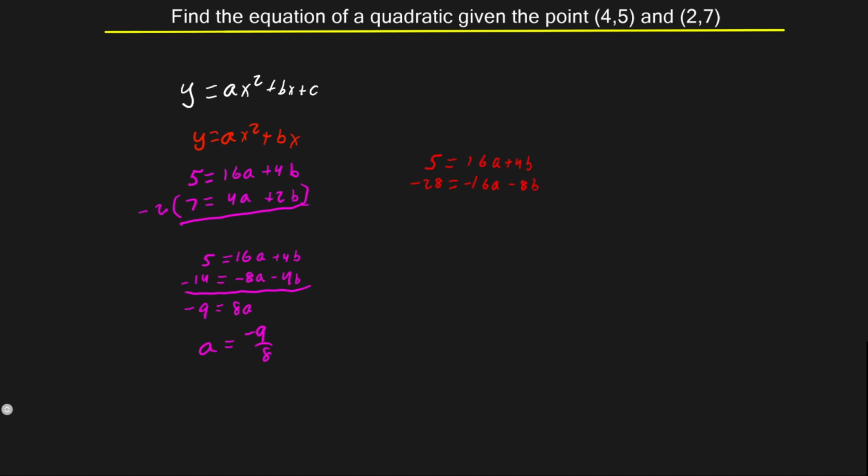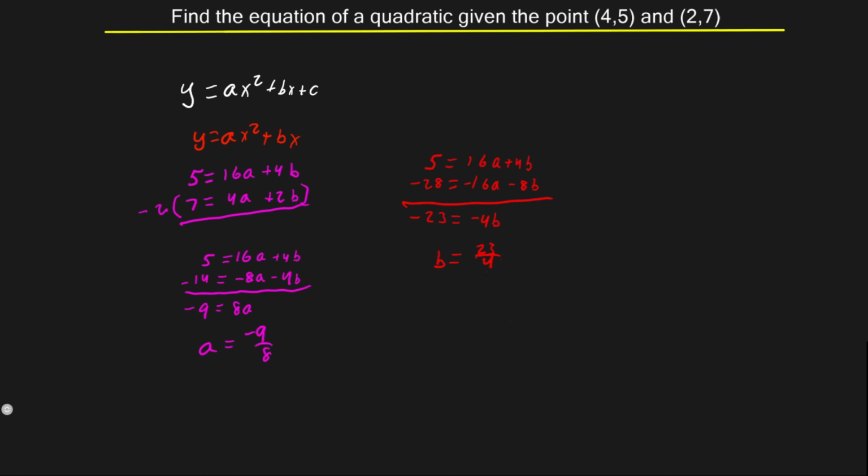And now we're just going to add from top to bottom, giving us -23 is equal to 0a minus 4b, giving us b is equal to 23 divided by 4.